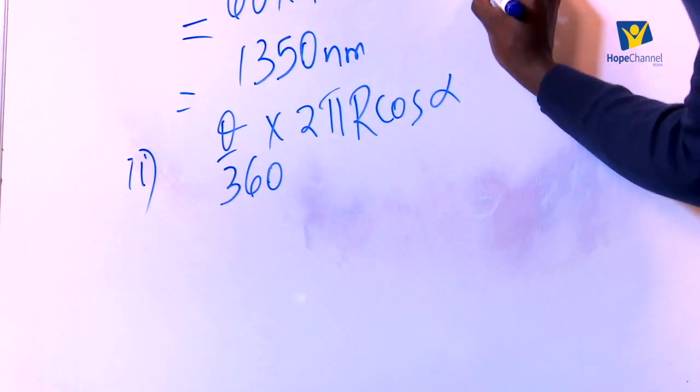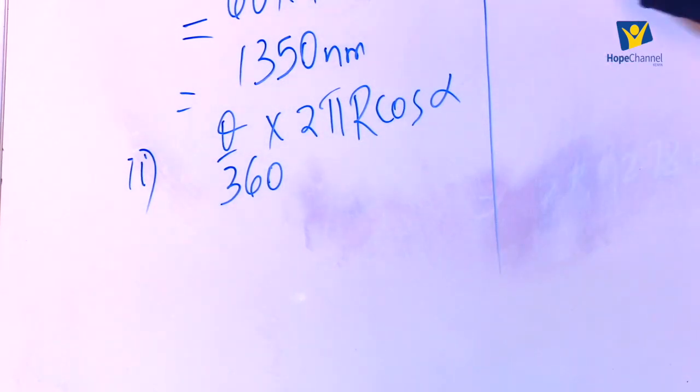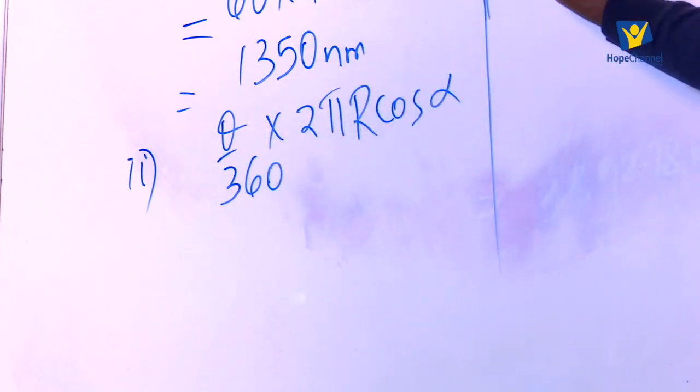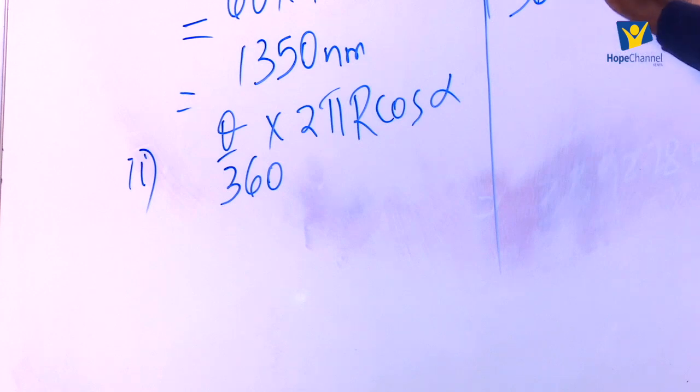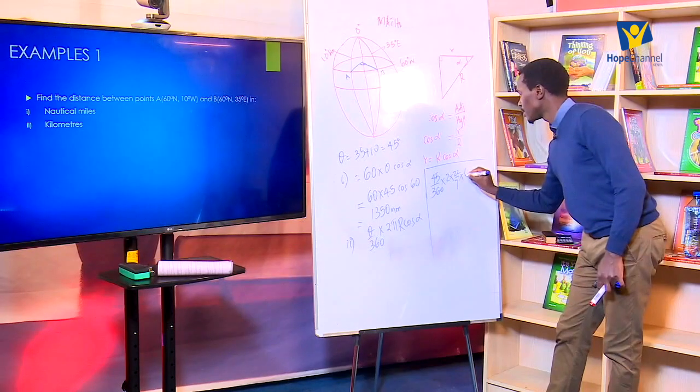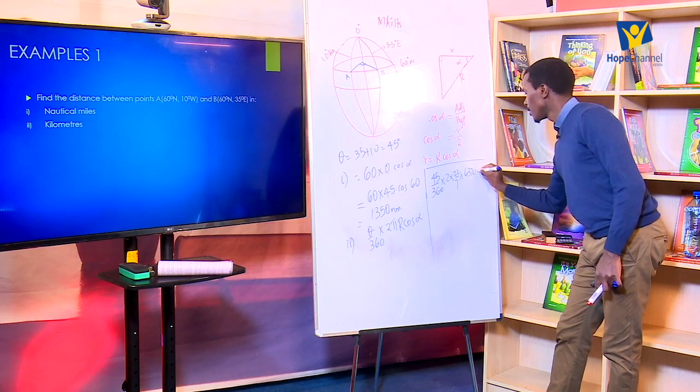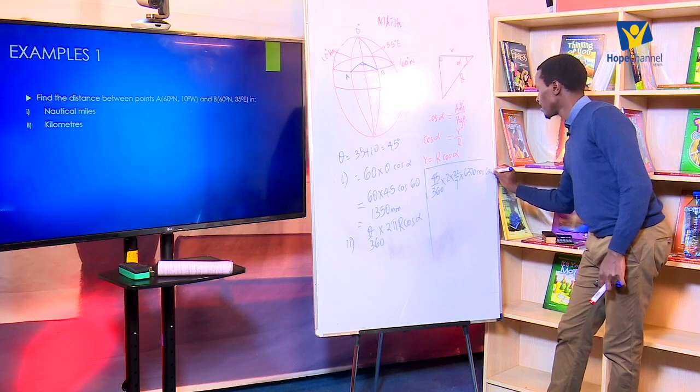So what do we have here? That will be theta as 45 over 360 multiplied by 2 by 22 over 7 multiplied by 6370, the cosine of 60.